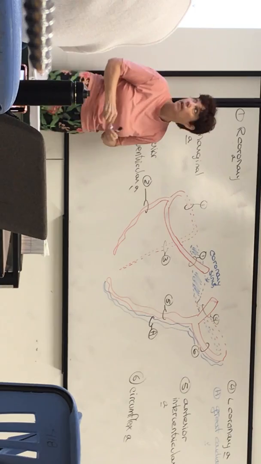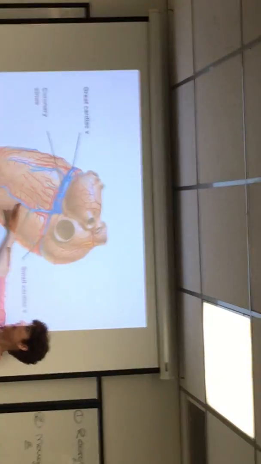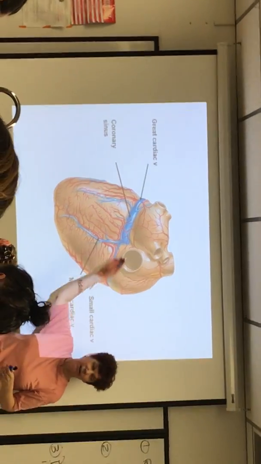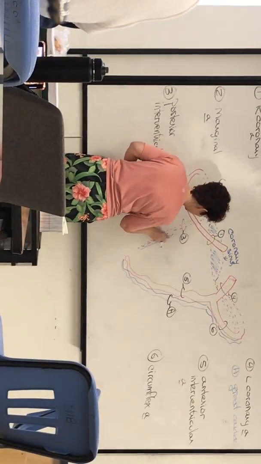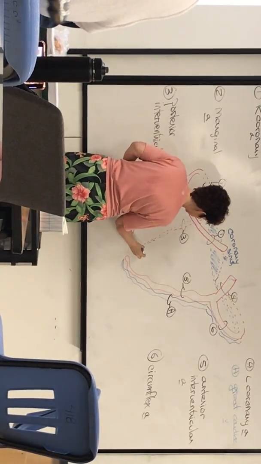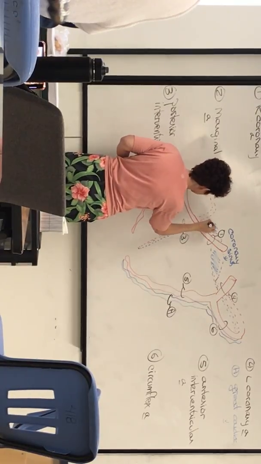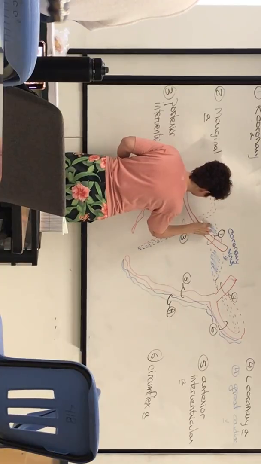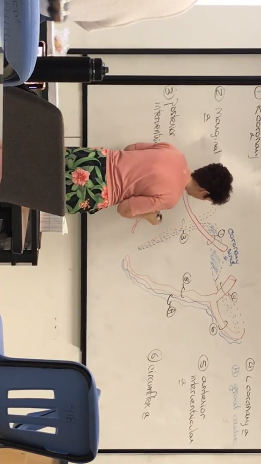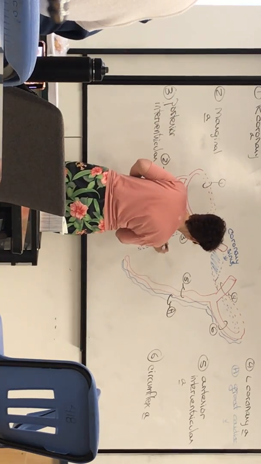Then, come around the back here, we have the middle cardiac vein, and we only see that with the posterior interventricular artery. And that's going to empty into the coronary sinus as well.